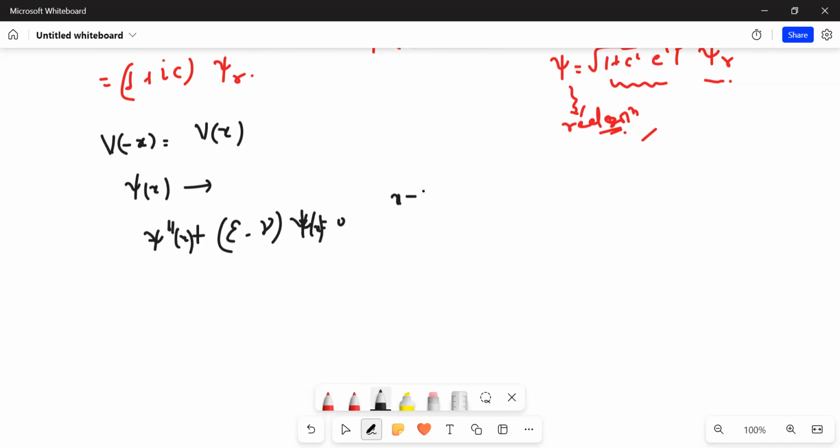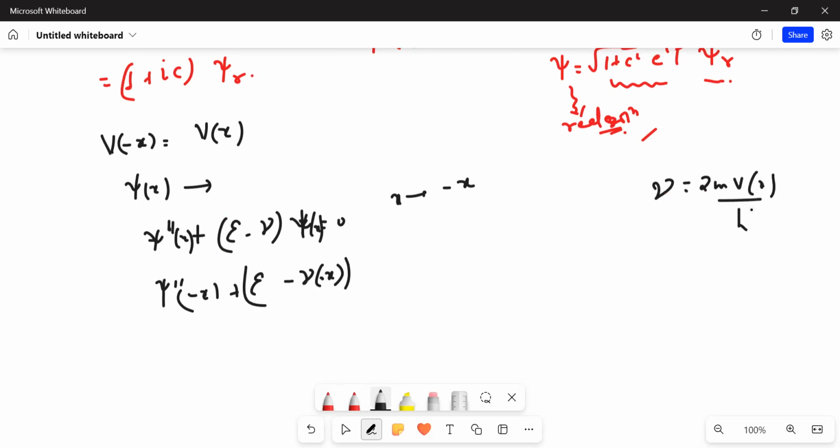Now, if I replace x by minus x, what is going to change? psi double dash of minus x plus epsilon minus nu(-x) psi(-x), it will remain the same, because nu(-x) is equal to nu(x) only. Understand what nu is? Nu is equal to 2mV(x) upon h bar square. Now, if V is an even function, then nu(-x) is equal to nu(x) only. And here you have psi double dash of minus x.